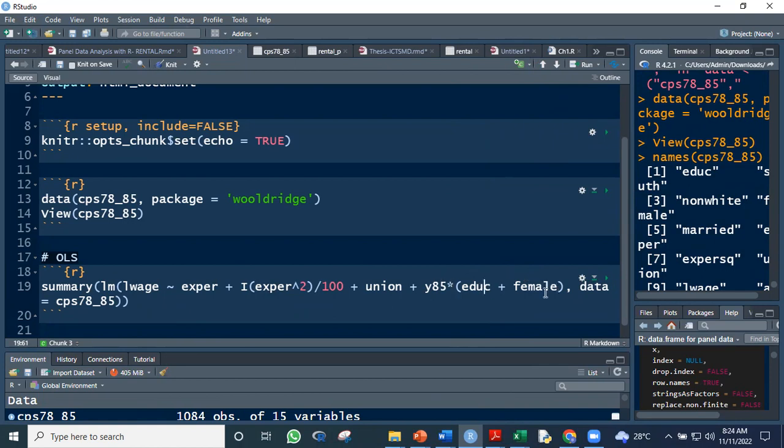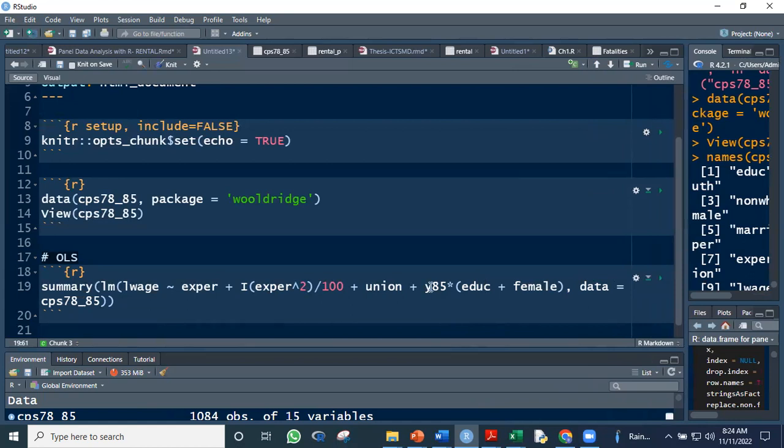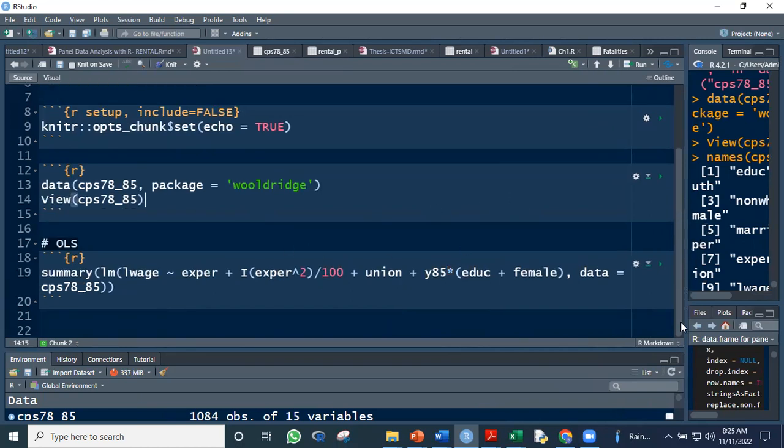Okay, so what will this do? In here you're interacting yung education at saka yung year 85. Pati yung female at saka yung year 85. So let's see first what will happen here, and then let's discuss the results. I don't think I already have discussed with you yung using the times, and using the colon function sa LM.